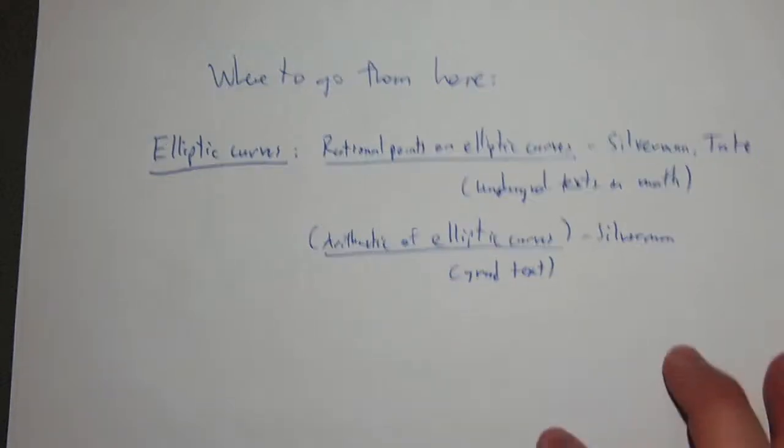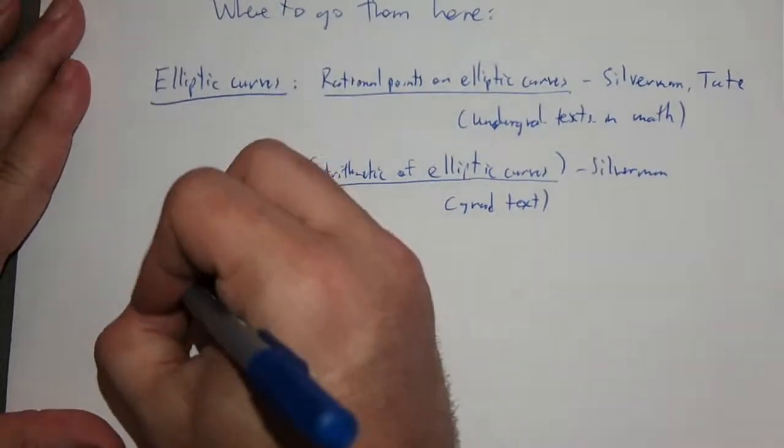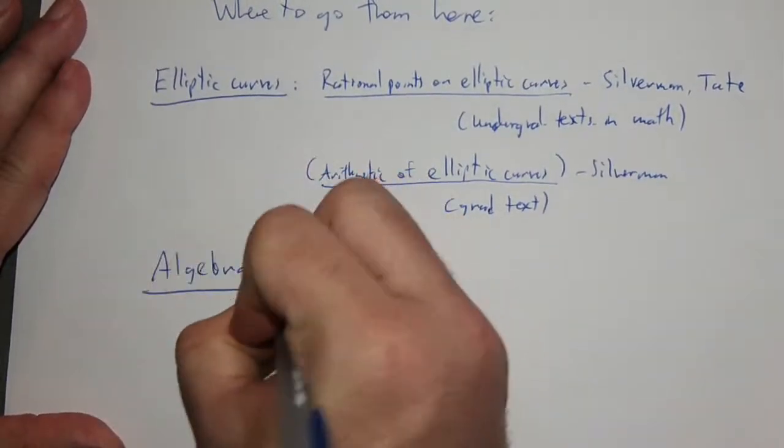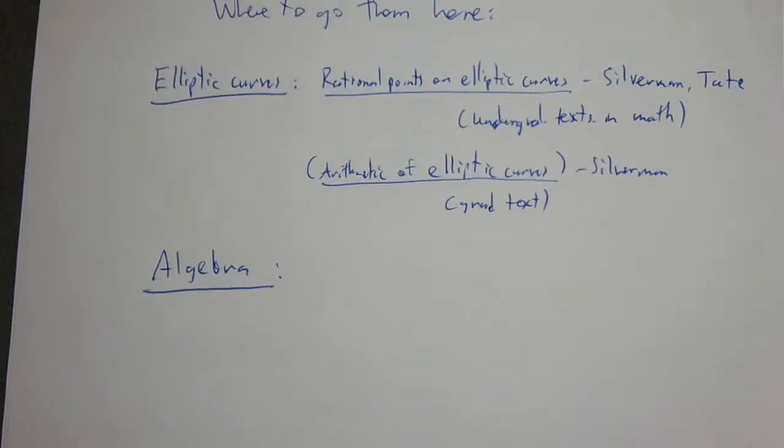So the other thing, which I brought up throughout the course, is just algebra. If you haven't had a first solid course in algebra, then algebra is definitely the place to go, because so much of what we did we could have stated in more convenient ways.